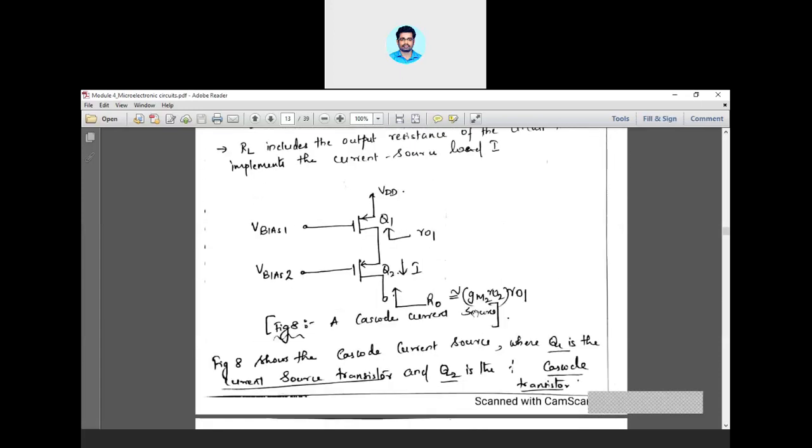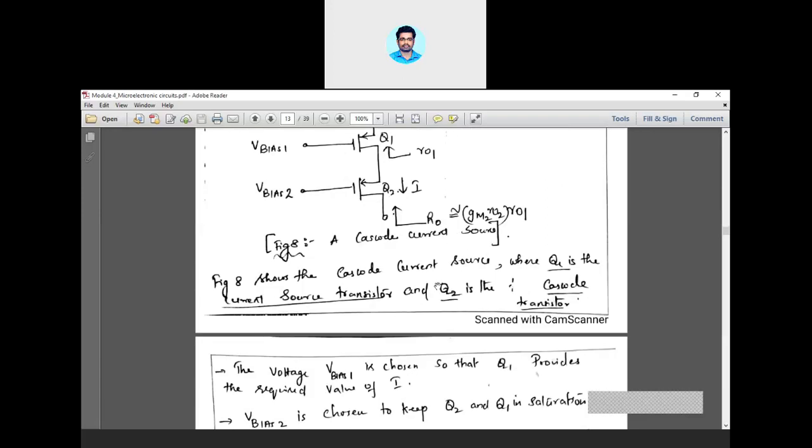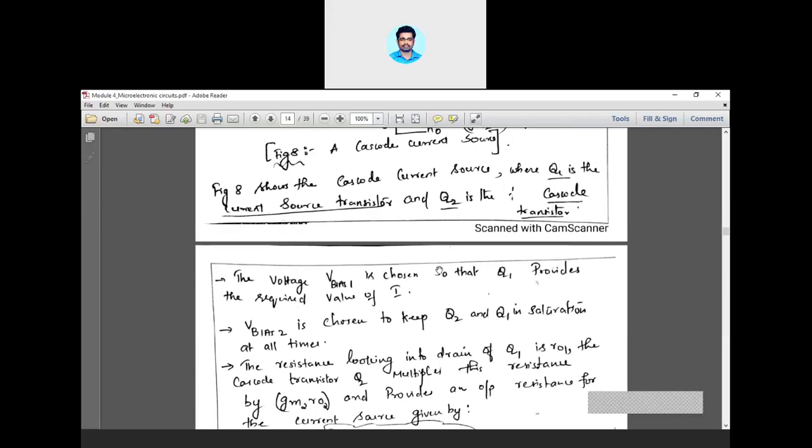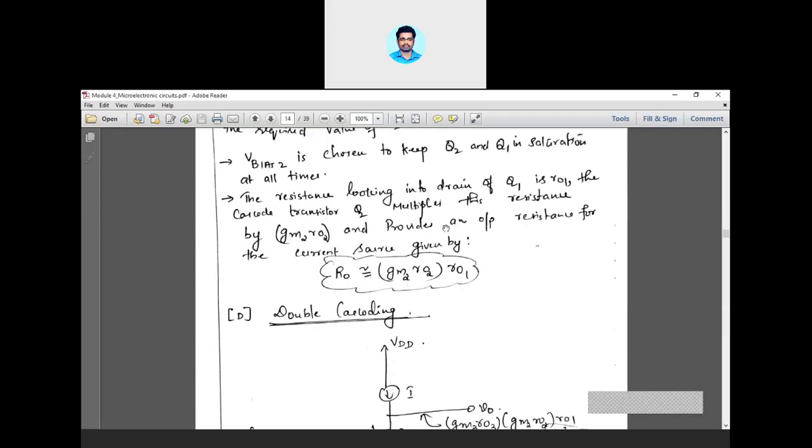A typical cascode current source produces only A0 into R0, whereas double cascoding, that is stacking one more common gate configuration, provides an output resistance of A0 square into R0, giving a large output resistance increase of A0 times. Understood? And keep in mind that the benefit of increased output resistance is an increase in gain. Only if you can achieve a better Rout value will that yield a better gain. Otherwise, there is no use of the cascode amplifier.